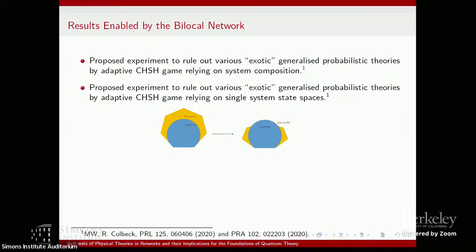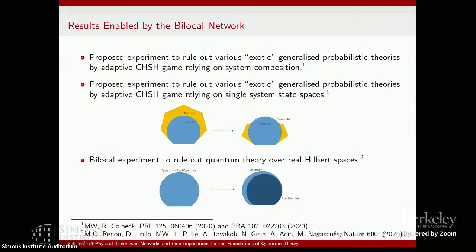This is very similar to quantum theory, and it will perform exactly the same in this adaptive CHSH game that I've introduced. But there is also good news, because the network itself allows us to find a more sophisticated game where indeed the two of them show a difference.